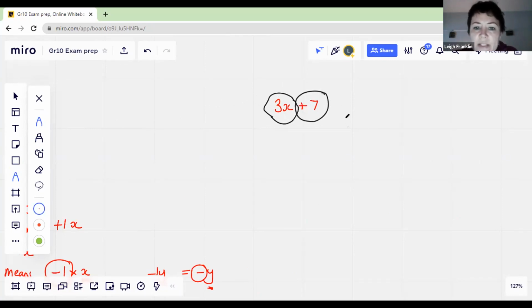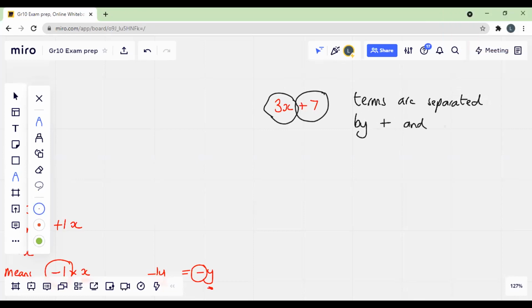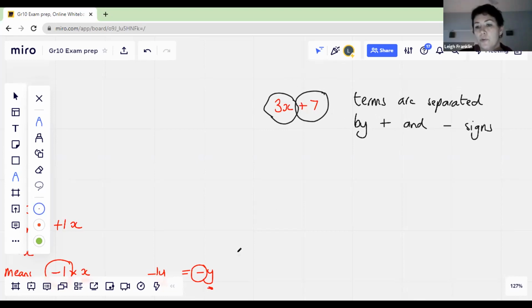Okay, so 3x is the first term and 7 is the second term. Terms are separated by plus and minus signs. So here there are two terms. The first term is 3x.